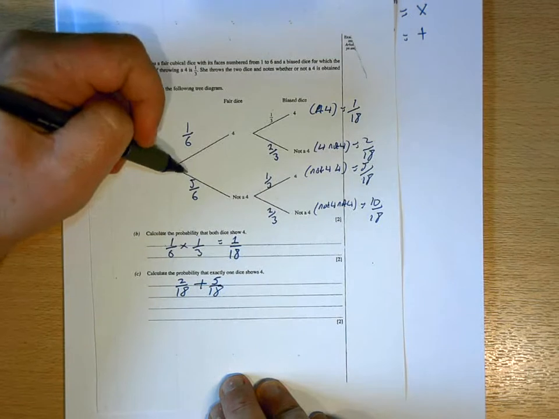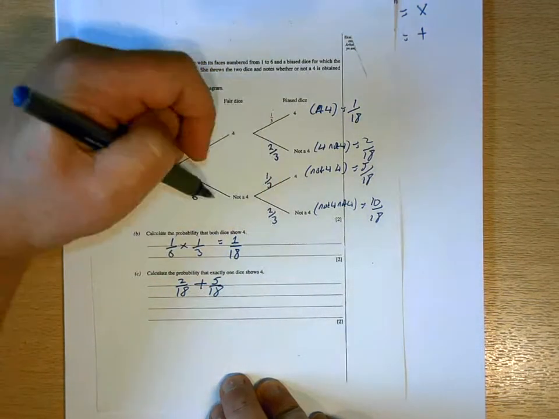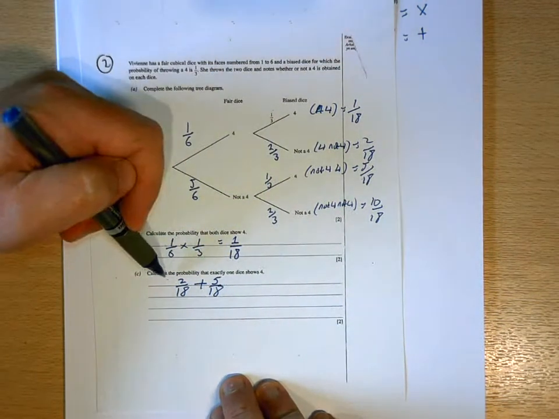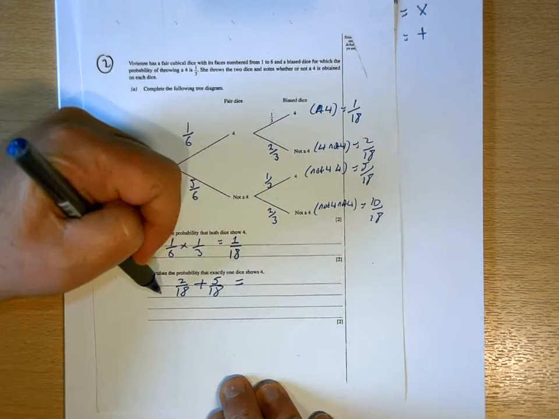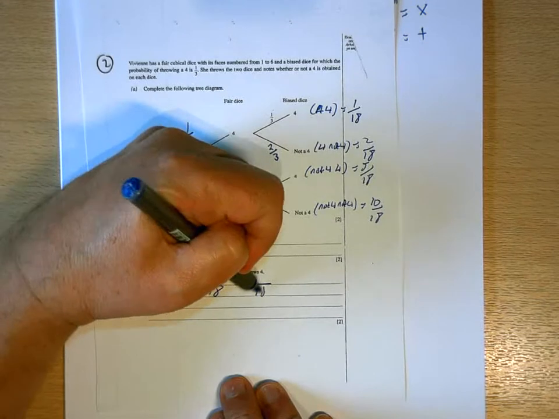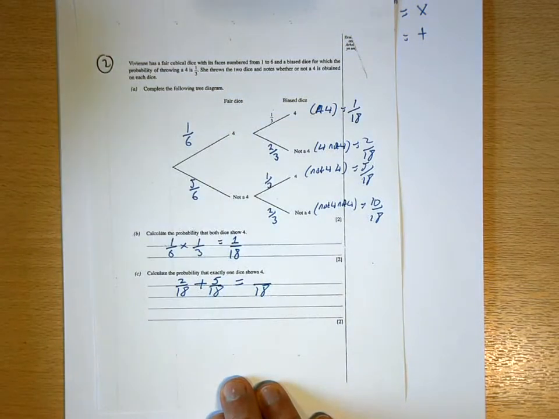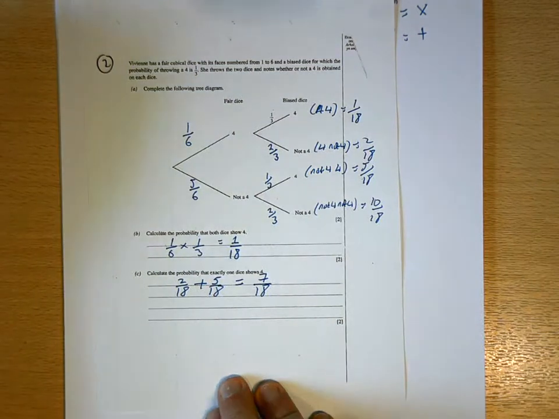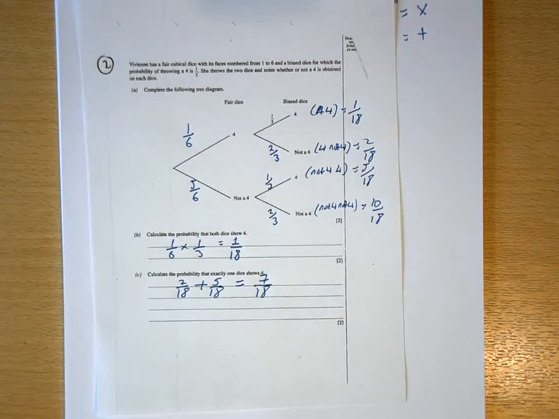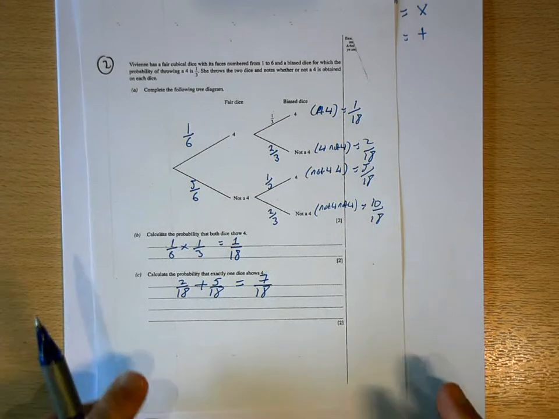And it's not the bottom one, because neither of those are 4. So there's only 2 ways to get exactly one dice showing a 4. Can't add them unless the bottom's the same. The bottoms are the same, so I can add the top numbers. So 7 out of 18 is the probability that exactly one dice shows a 4.